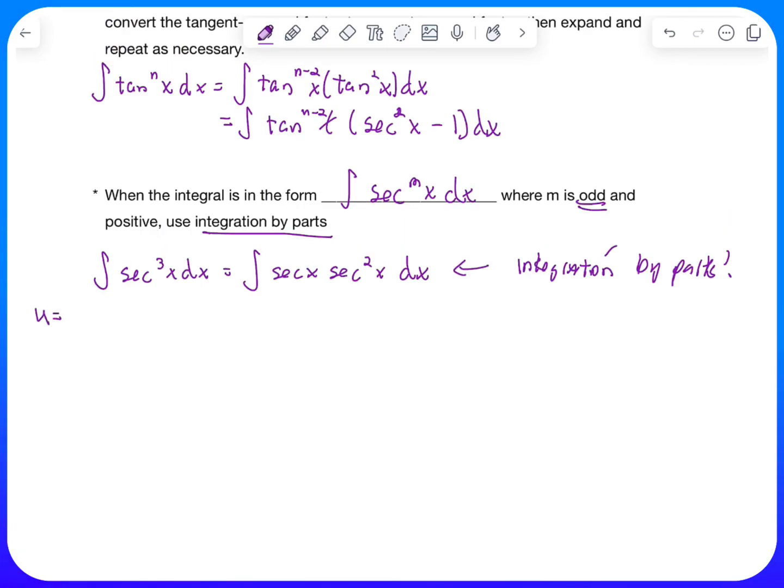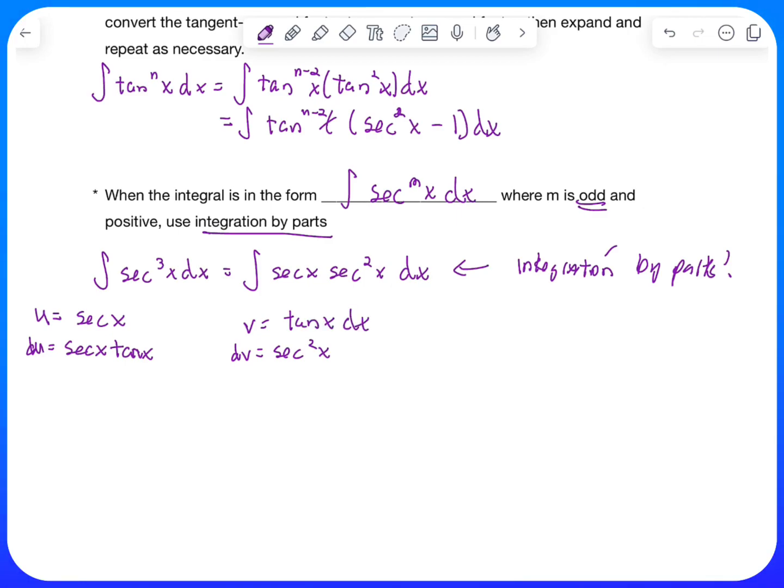So I'm going to let my u be equal to secant of x. And so the derivative of secant we know is secant tangent. And since u was secant of x, that means dv is going to be secant squared x. And we know the integral of secant squared is just tangent x.